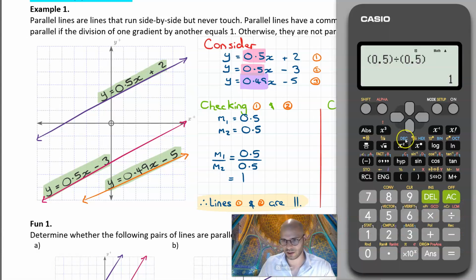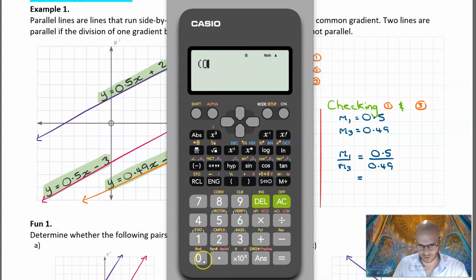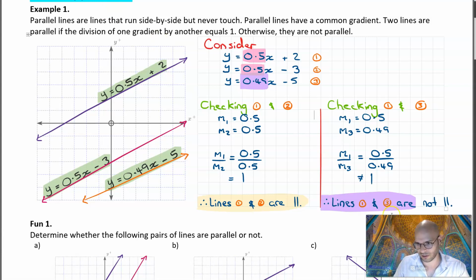Then we say up we come to our calculator. Putting this in, 0.5 divided by 0.49, and of course we see that it's a value that's not equal to 1, and because it's not equal to 1 we can write it as not 1, and therefore this tells us that lines 1 and 3 are not parallel.